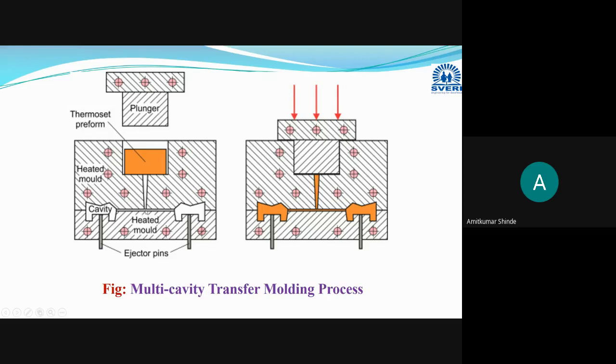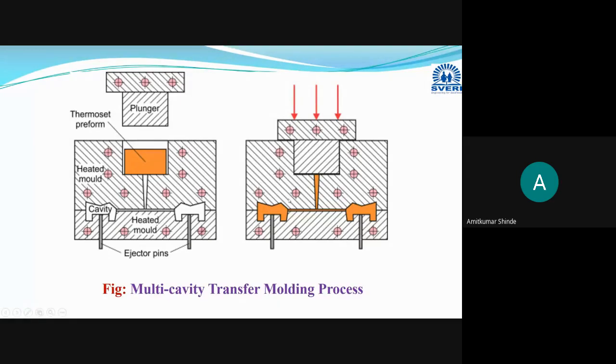Here multi-cavity can also be used. Two cavities we have used, and depending on that sprue, runner, gate arrangement, it will enter that cavity. Here a cooling system is provided, and after sufficient curing, the final product is obtained and removed with the help of ejector pins.